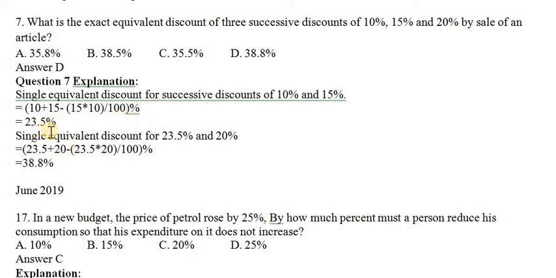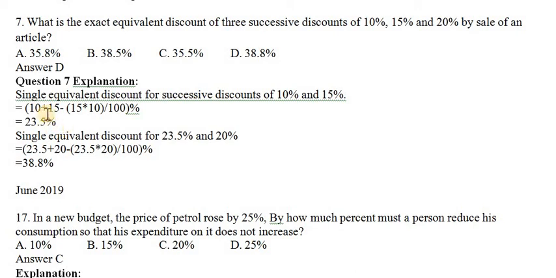So 23.5. Now again we need to calculate with 20%. We already calculated 10% and 15%, that is 23.5. Okay, so then we need to combine this calculated 10 and 15% further with the 20%.